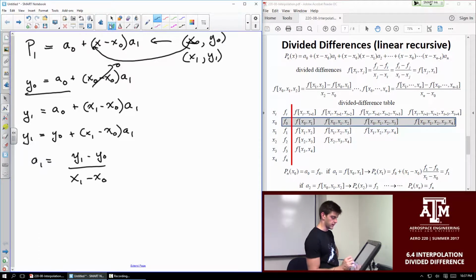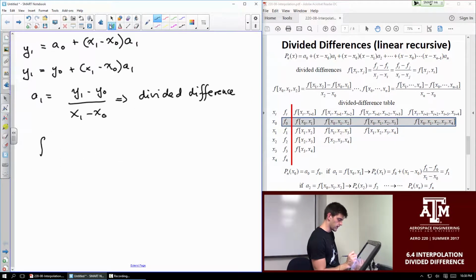This is what we call a divided difference. And we have a special way of writing it. It's written f bracket, and in this case it's going to be x0, x1. And then it equals exactly what you see here, except that instead of y, I'm just going to use f to denote f of x.